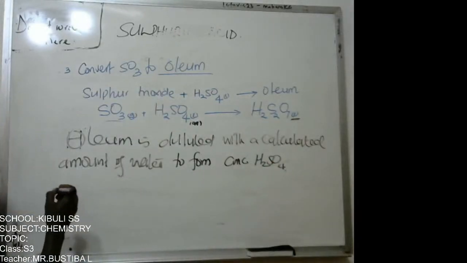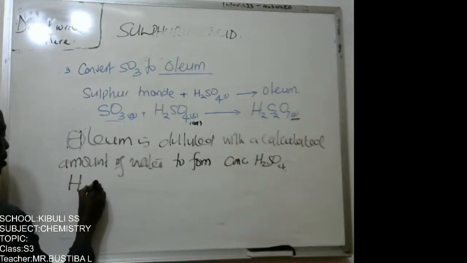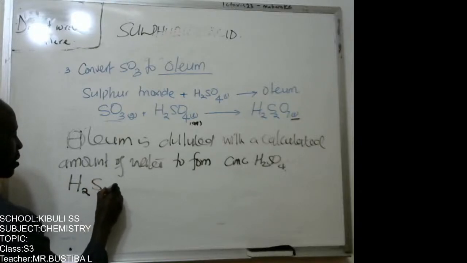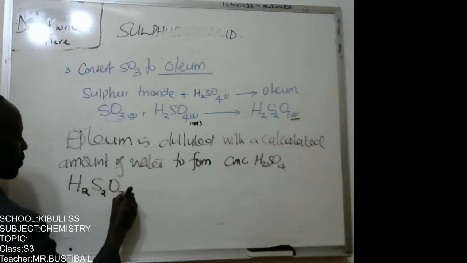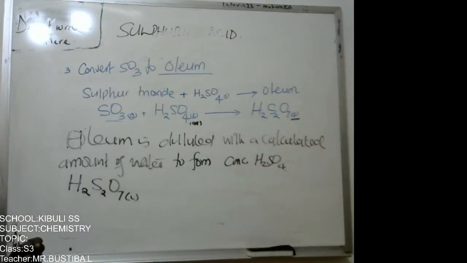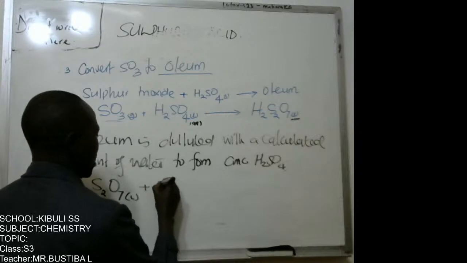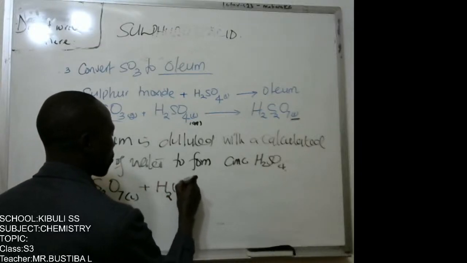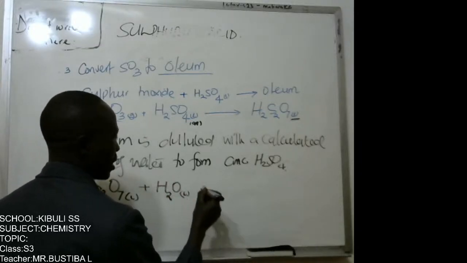So using an equation, I have H2S2O7, liquid, plus a few droplets, a calculated amount of water, physical state, liquid.